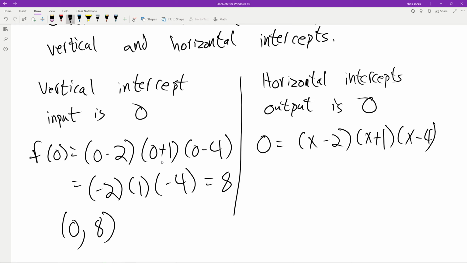So notice that this expression on the right-hand side is equal to 0 when any of these three pieces in parentheses is equal to 0. So I can take each of these and set them equal to 0 individually and solve for x.